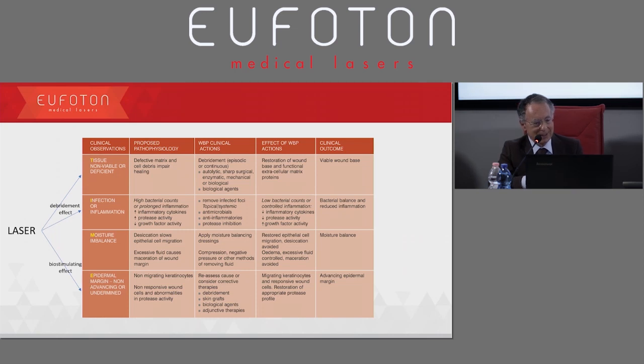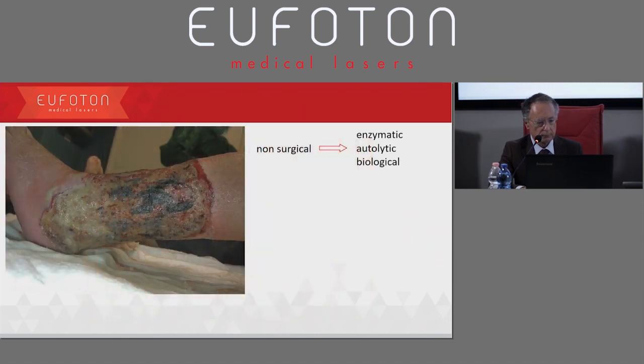So the laser has different effects on local treatment. Once we have done the preliminary treatment, we get to the local treatment, and the laser can have a couple of effects: a debridement effect, a biostimulating effect, a photodynamic effect. So it stimulates the margin advancement.